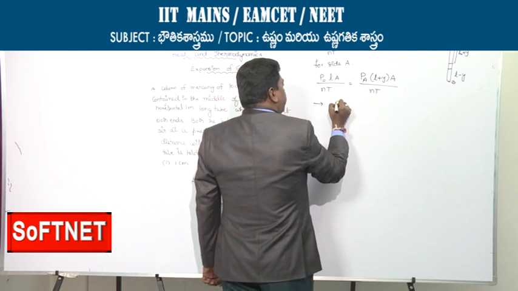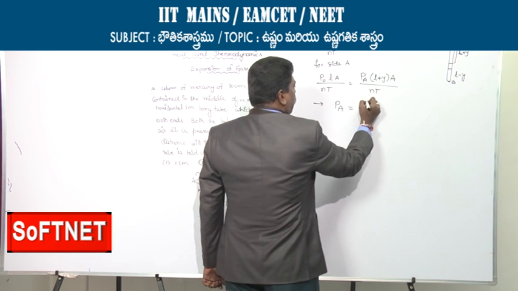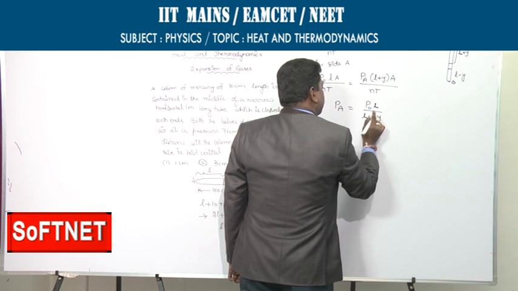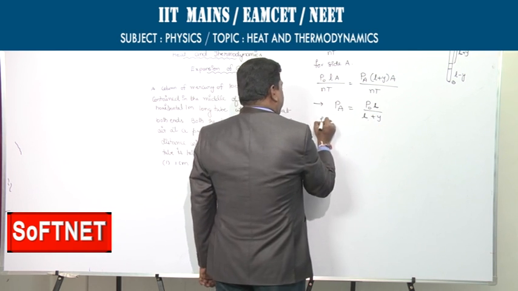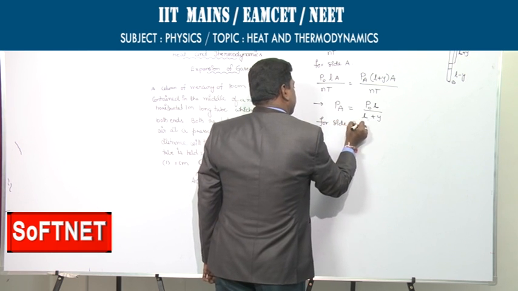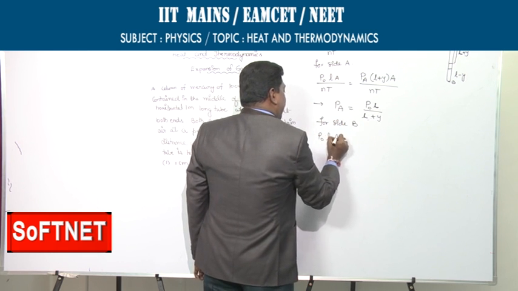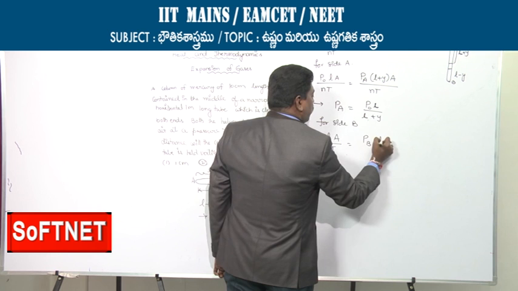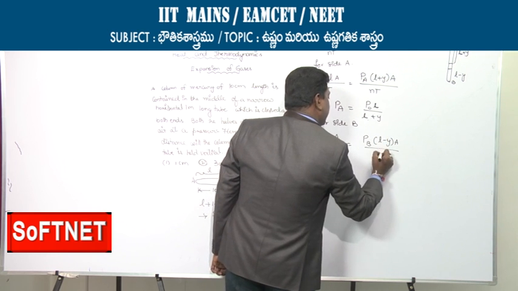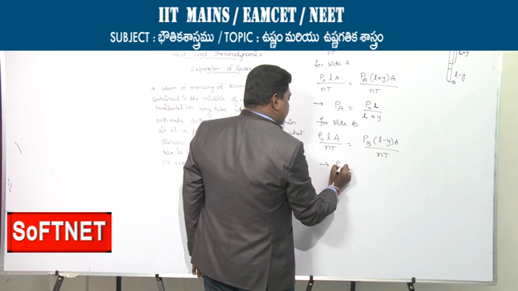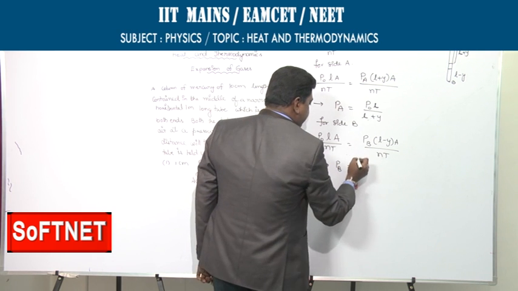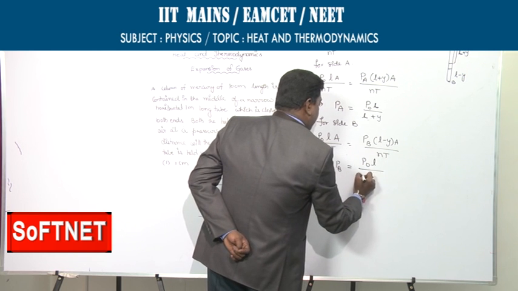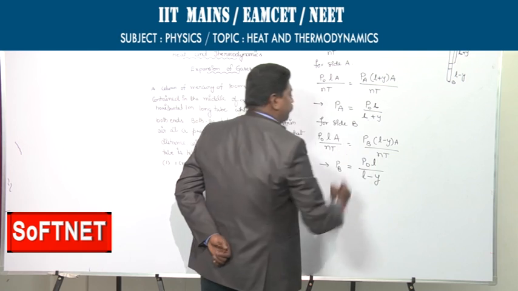From this, PA is equals to P naught L by L plus Y. For side B, P naught L into area of cross section A by nT is equals to PB into L minus Y into A by nT. From this, PB is equals to P naught L by L minus Y.